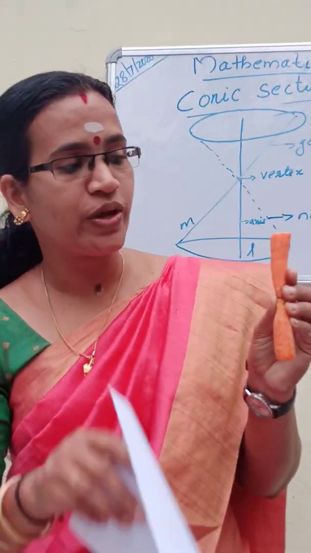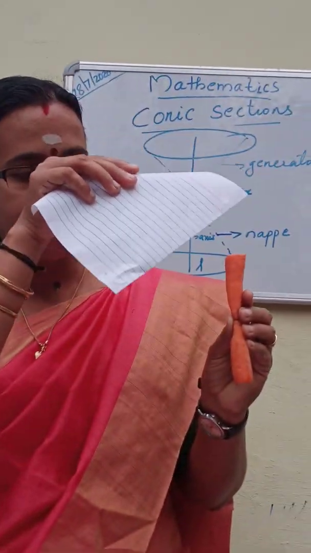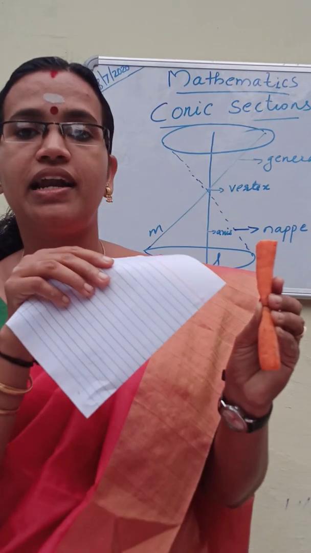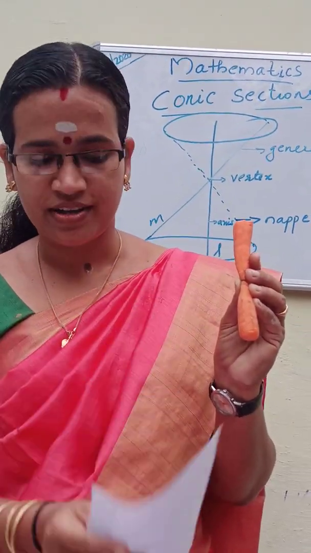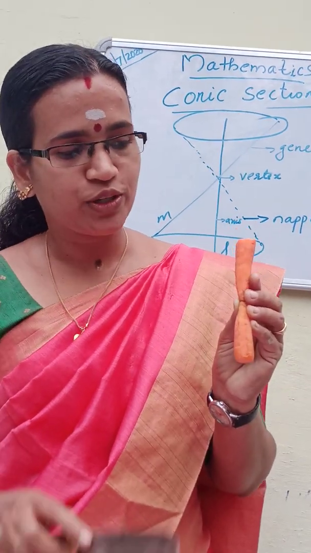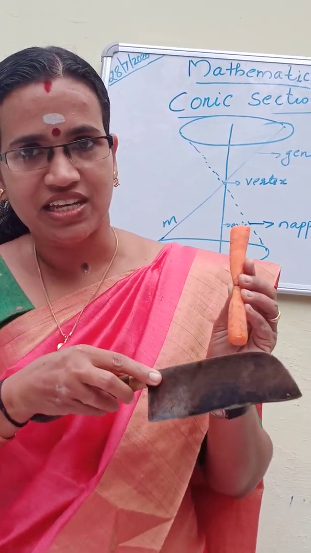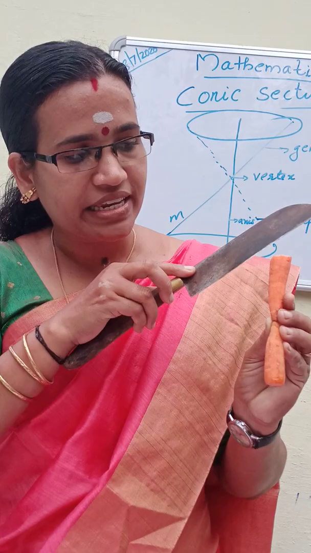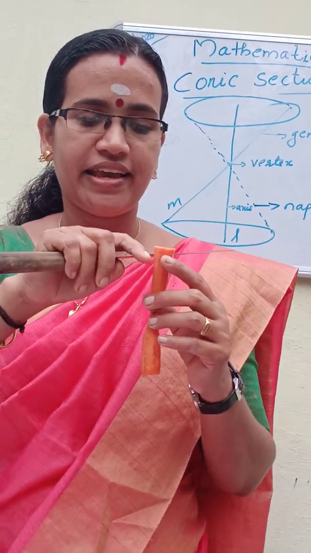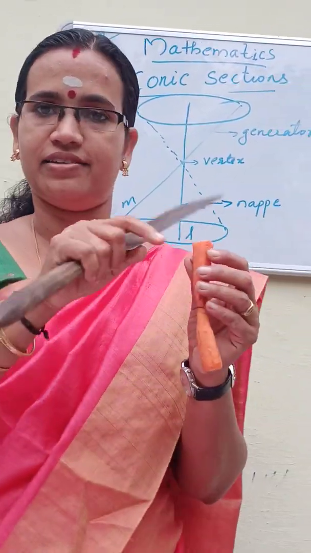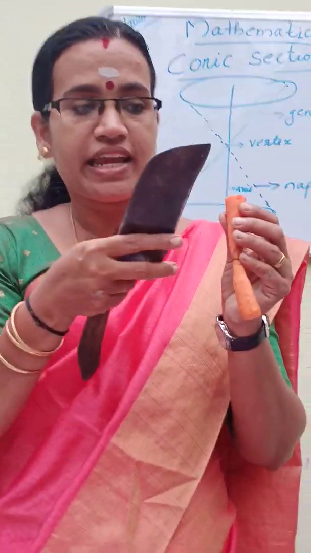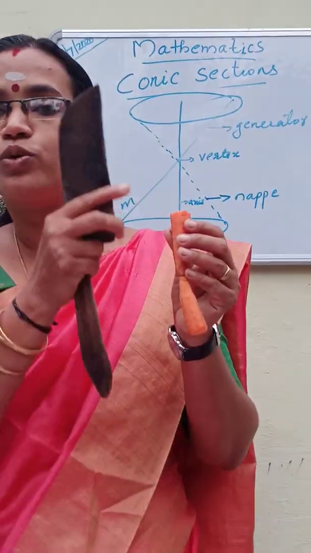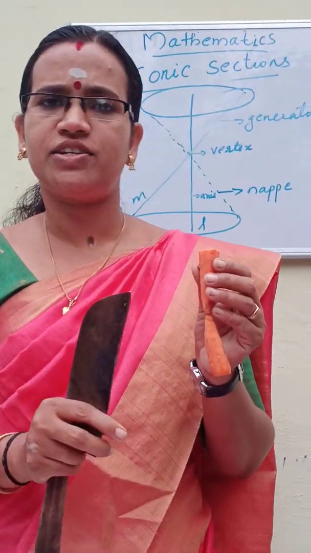I am going to intersect this plane in different angles of this double napped right circular hollow cone. Cut means intersect. If we take the intersection portion, we get different shapes.